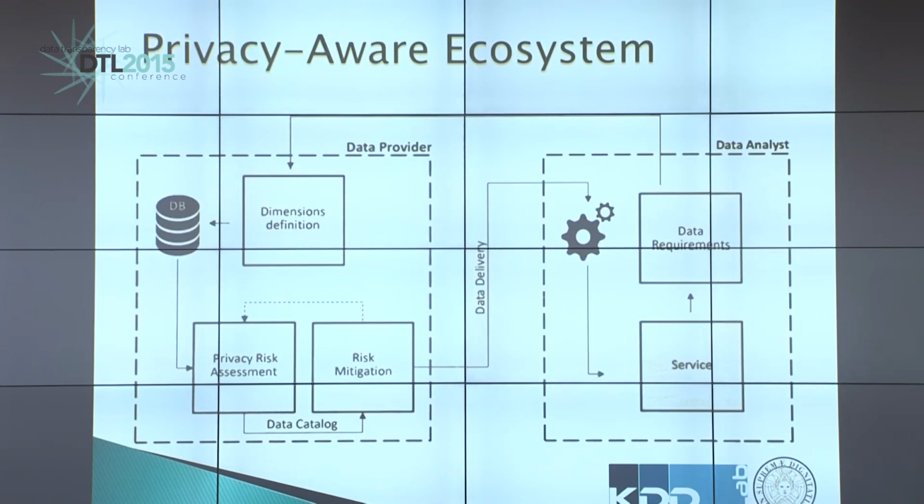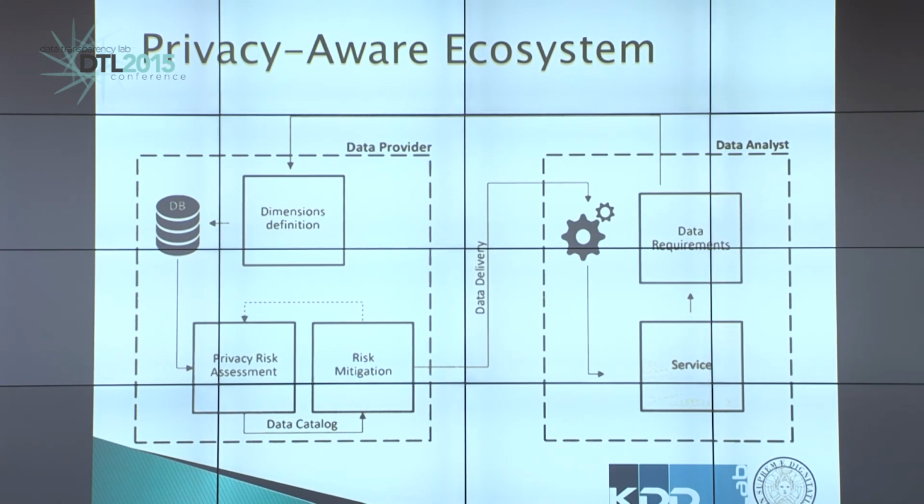So the idea is to combine these two aspects in a general framework, in which we have two actors: a data provider, which collects a huge set of data from some users, and a data analyst that can ask the data provider for data to provide some external services.